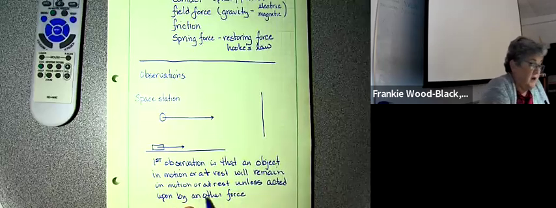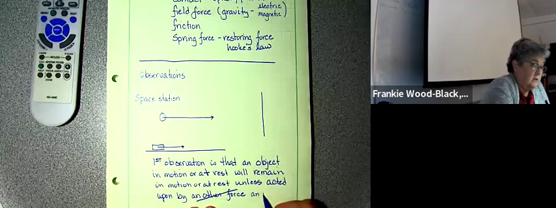Or, we can mark through that: unless acted upon by an imbalanced force.